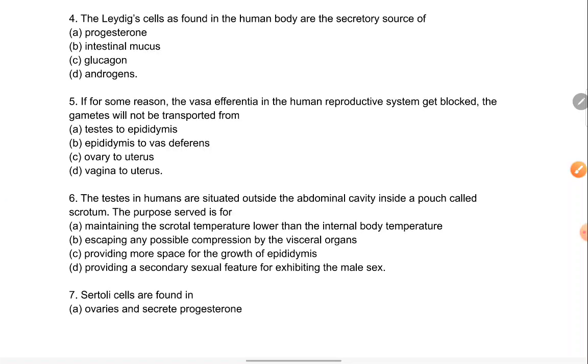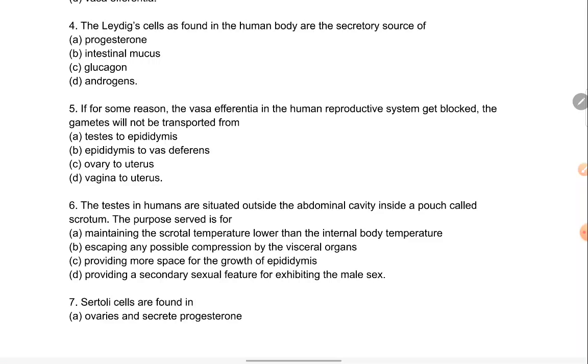Now question number 4. The Leydig cells found in the human body are the secretory source of. You know what these Leydig cells are? Leydig cells are those cells which are present in between the seminiferous tubules.